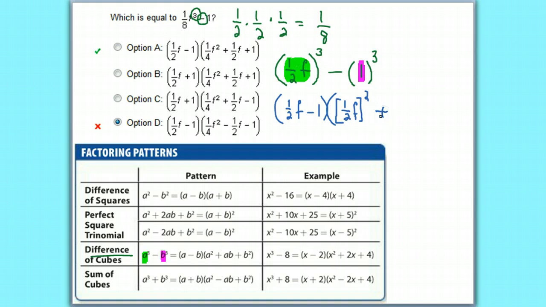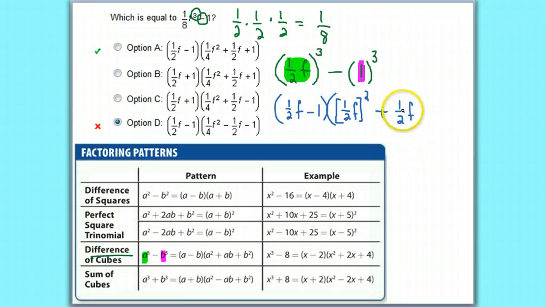Plus A times B. A is the green highlighting, so 1/2 f is A, times B, times 1. So you can write times 1, but you can also just do a little bit of simplification there. Since it's 1, it's nice and easy. Just remember 1/2 f times 1 is 1/2 f. So we can just leave it. We don't have to put the 1 in there.